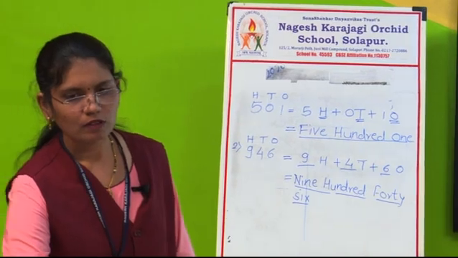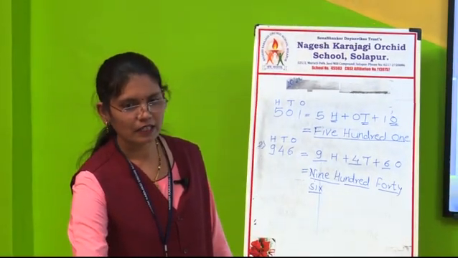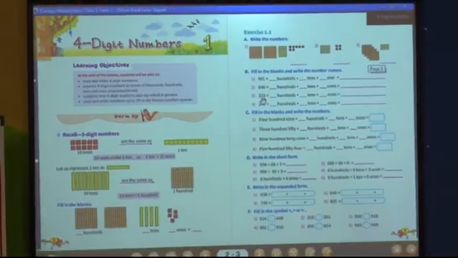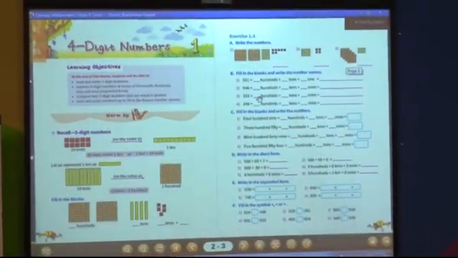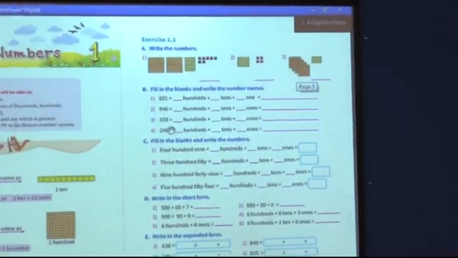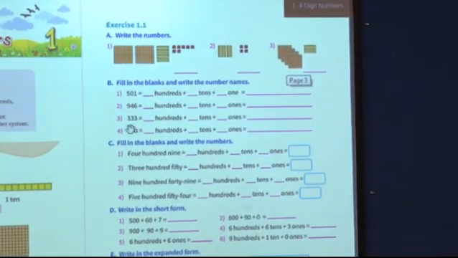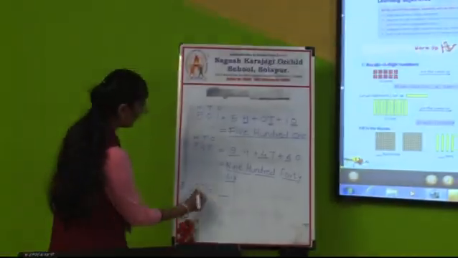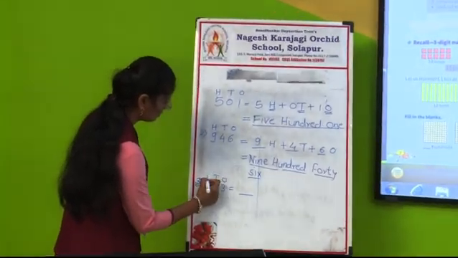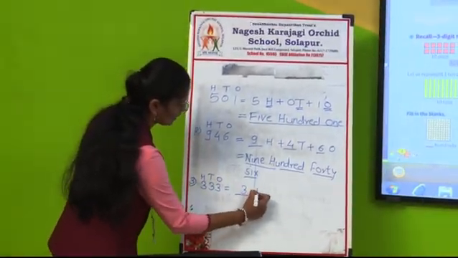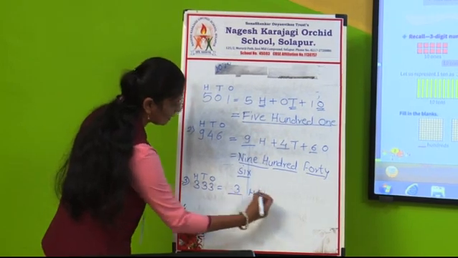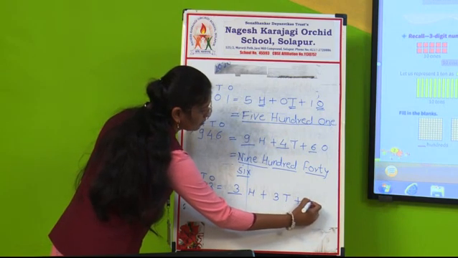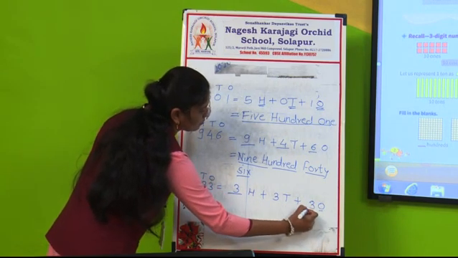Now next example is 333. See, this is also a very interesting and very nice example. 333: at the hundreds place, at the tens place and at the ones place, everywhere the number is the same. So how many hundreds are there? Yes, 3 hundreds are there. How many tens are there? Again 3 tens are there. And how many ones are there? 3 ones are there.